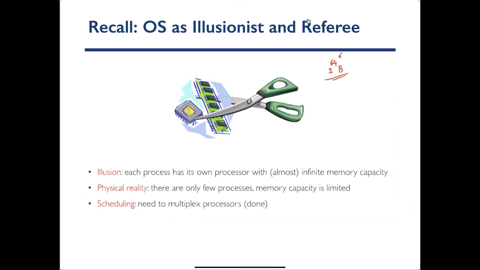With scheduling, we wanted each thread to think that it's running on a dedicated CPU. In reality, we had a limited number of CPUs and we had to time share. Now we're going to do the same thing. We're going to multiplex memory so that each process thinks that it has access to an unlimited amount of memory.